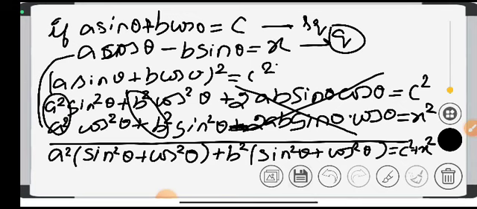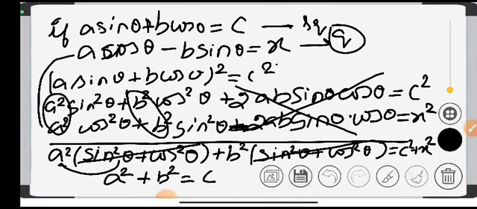Sin square plus cos square is equal to 1, and 1 into a square is a square, and b square into 1 is b square, and the resultant will be c square plus x square. So this one is your resultant.